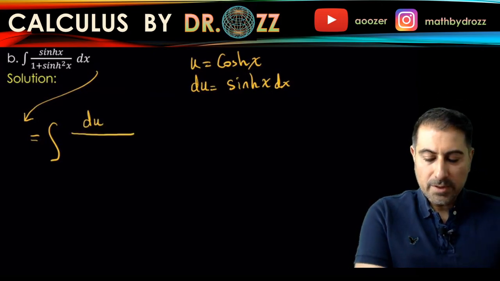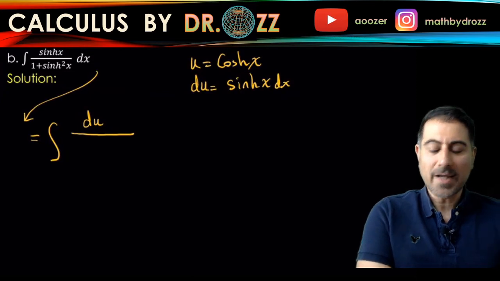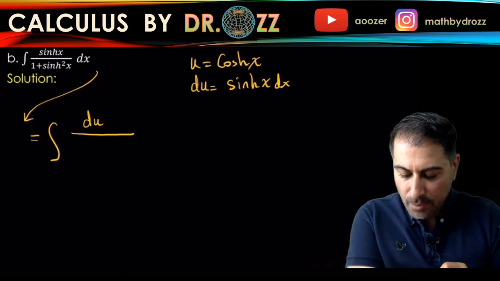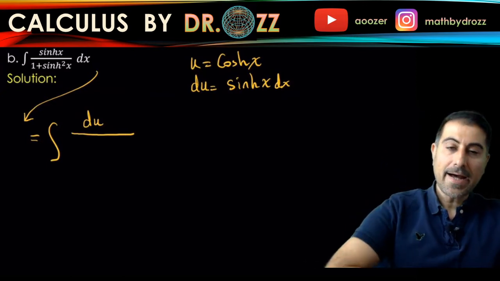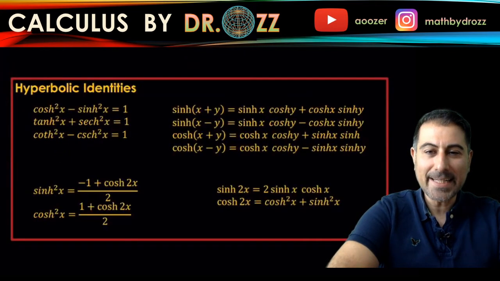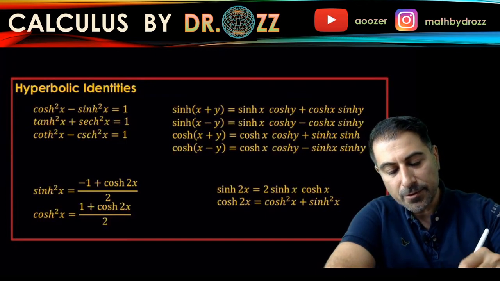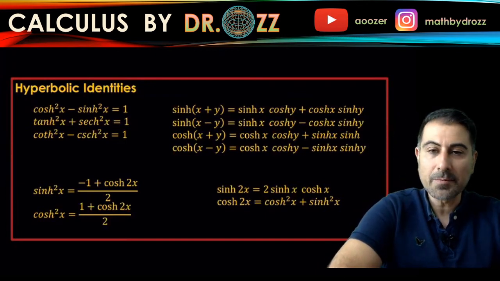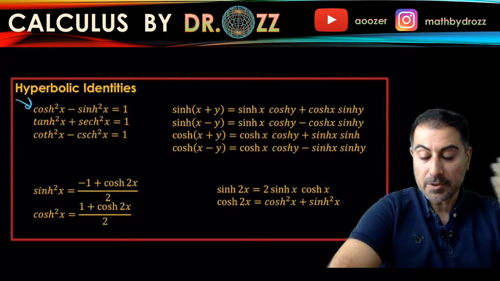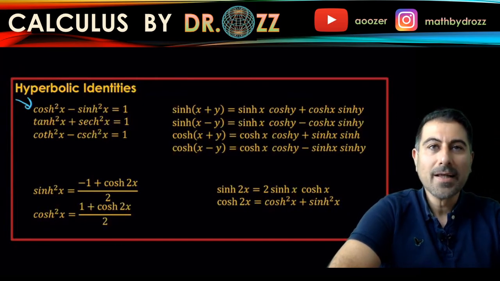So what's going to happen to the bottom? You have 1 plus sine hyperbolic squared x. And at this moment, I want you to go back to the table of hyperbolic identities, and it's the very first identity here. Cosine hyperbolic squared x minus sine hyperbolic squared x equals 1.